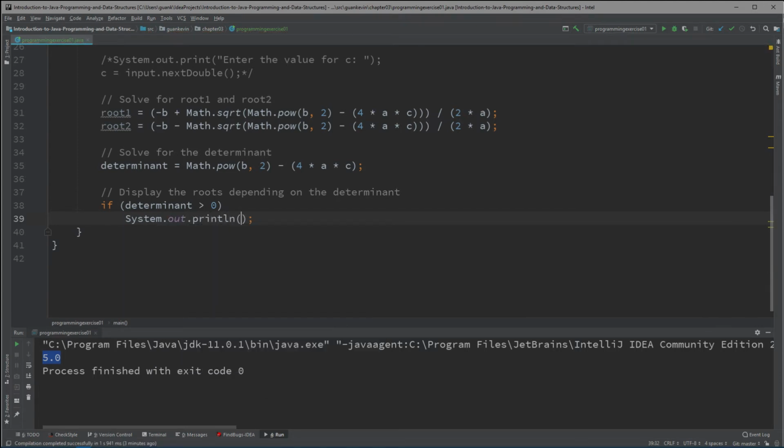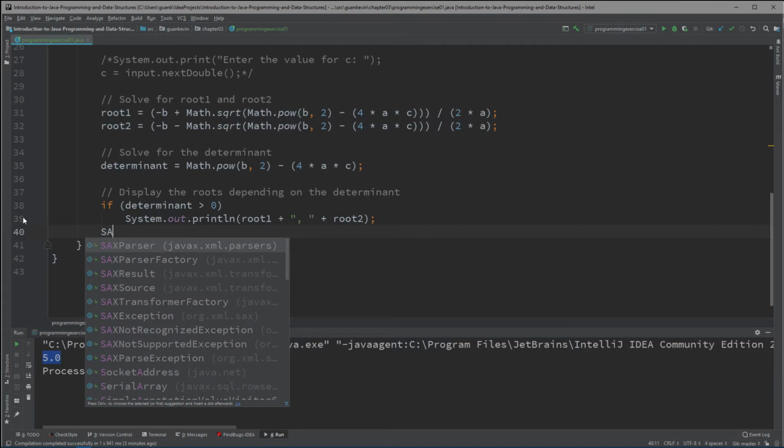system.out.println, I'll say it is greater than 0. Actually, I'll just display root 1, root 2. Root 1 plus comma root 2.